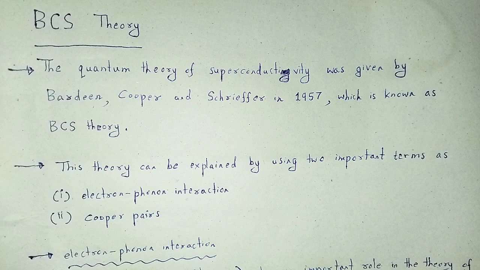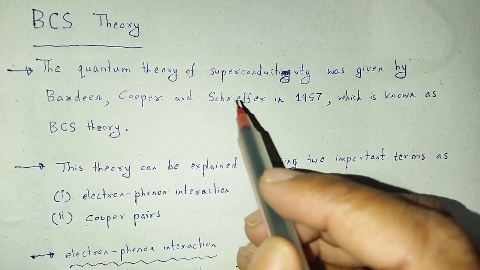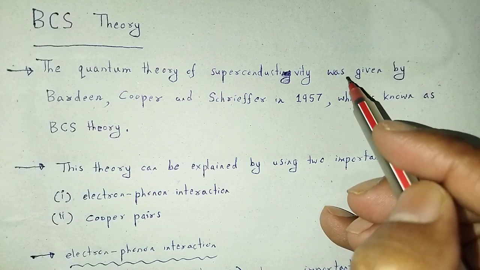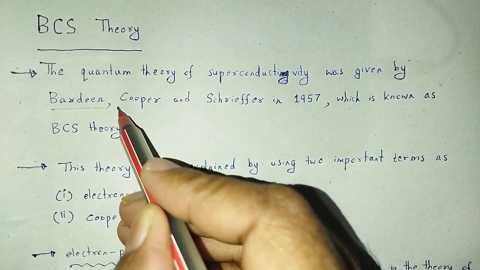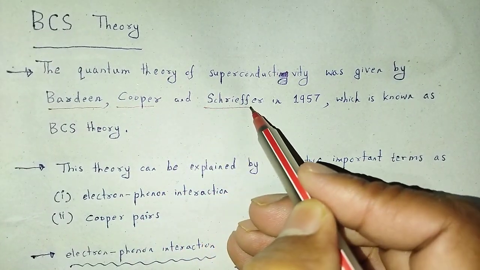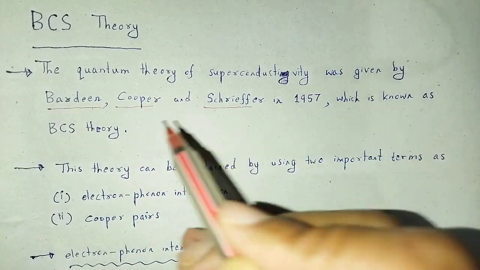So what is BCS theory? This is the quantum theory of superconductivity, given by three scientists, Bardeen, Cooper and Schrieffer, in the year 1957.